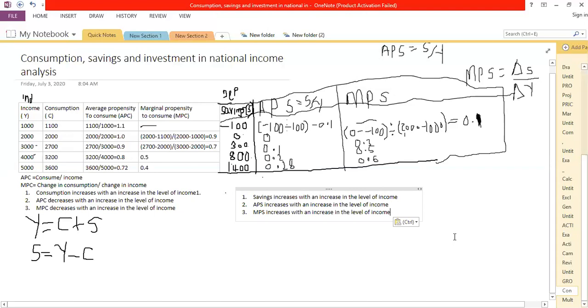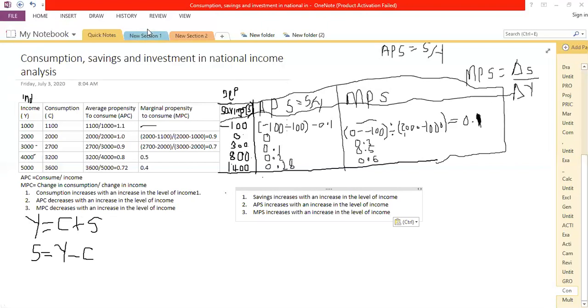So is there any conclusion we can make between these two tables, one for the savings and the other one for the consumption? I want us to pick the column we are calling the APC, and we also pick the column we are calling the APS. At each level of the income, what are we noting?